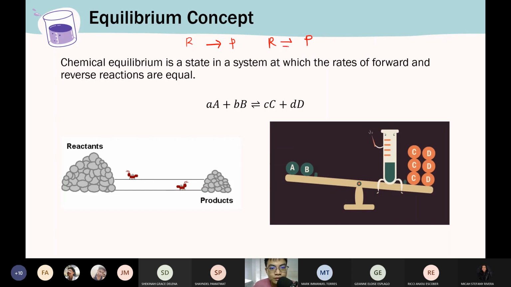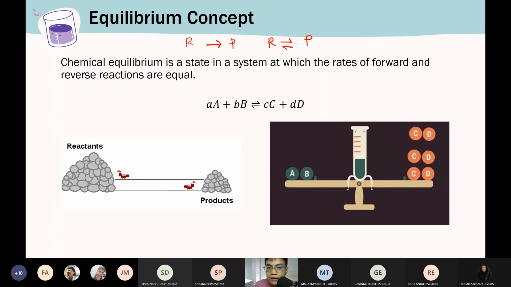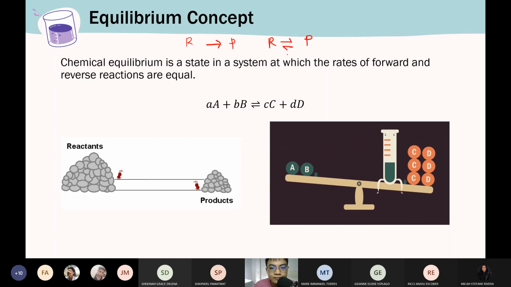So, yun. However, if you have a chemical equilibrium, meaning that yung rate ng forward and reverse reaction are equal. So, if you look at this GIF here, tignan nyo, may dalawang worker ants going to two different directions. Tignan nyo yung gagawin nila. Both of them will get one pebble at a time.